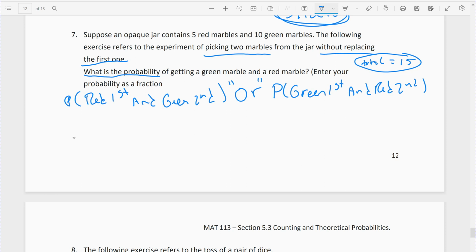So the probability of picking red first, well, we have 5 red marbles out of 15. I did that backwards; it should have been 5 red out of 15. Then we're going to pick a green marble. But remember, I pulled the red marble out and I didn't put it back. So there's no longer 15 marbles in there, there's only 14.